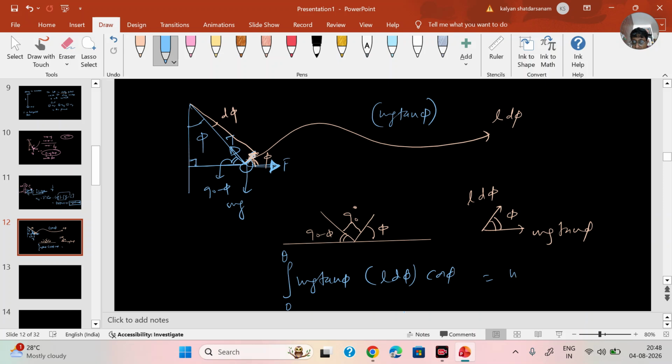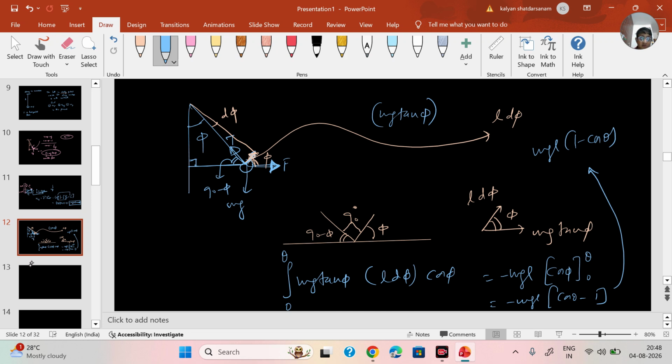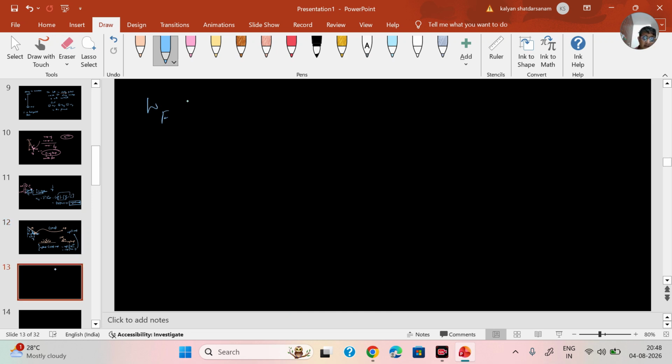So if you do like this, mgL is a constant. Tan phi into cos phi is sin phi. Sin phi integral is minus cos phi, and you have to put limits 0 to theta. So minus mgL (cos theta minus cos 0), and cos 0 is 1. So if you absorb the minus sign, it will be plus mgL into (1 minus cos theta). So work done by this variable force is plus mgL into (1 minus cos theta).